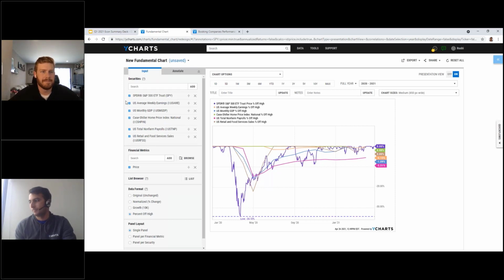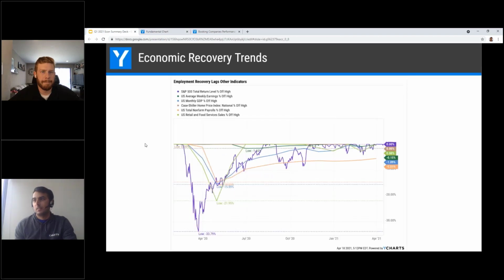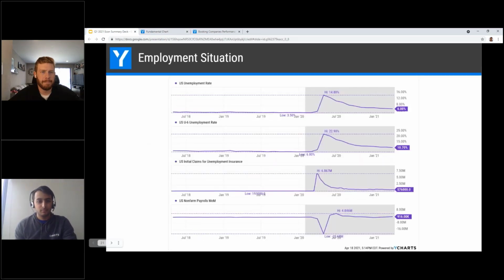Yeah, thanks for that, Connor. All right, so moving along, on this chart here, we have the employment situation. And Connor, you alluded to it a little bit about employment making that comeback. And this chart just breaks down the main headliners in employment. So you'll see at the top, we have that headline US unemployment rate, which, like a lot of these lines, hit these crazy levels in 2020 and now are reverting back to normal levels.